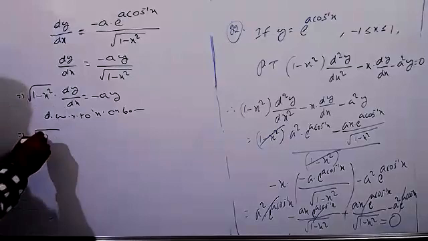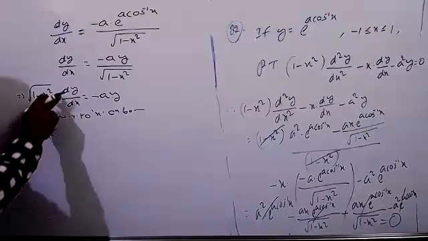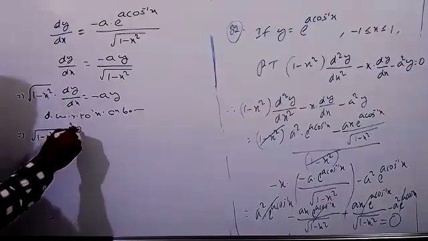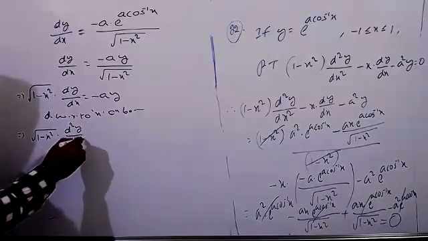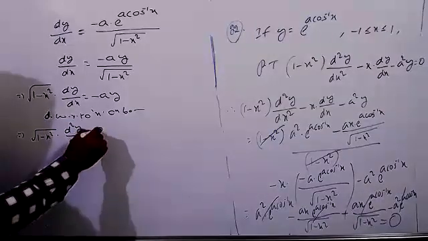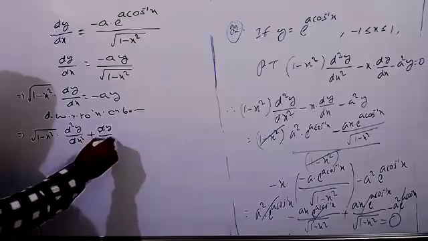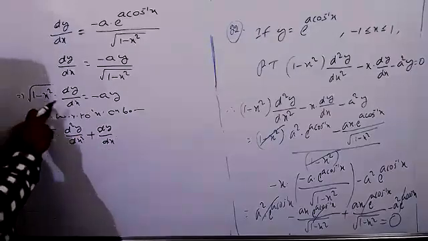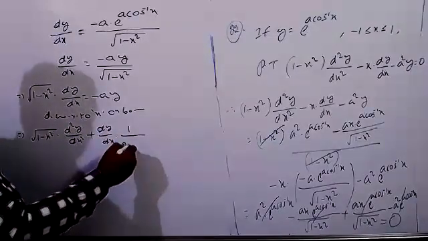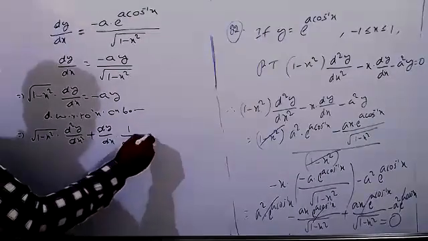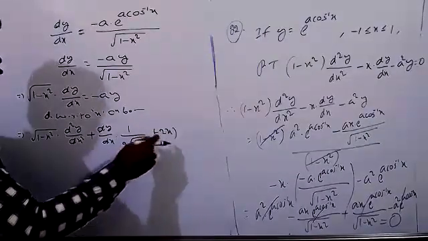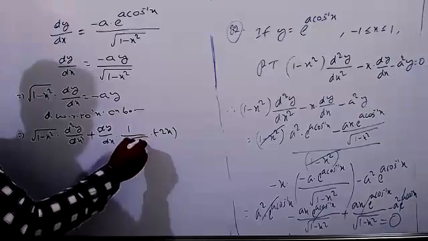So root of 1 minus x square into the differentiation of this value, what you get, d square y by dx square, plus dy by dx into the root of this value, equals what you get, 1 by 2 into root of 1 minus x square into minus 2x. Is it correct now?